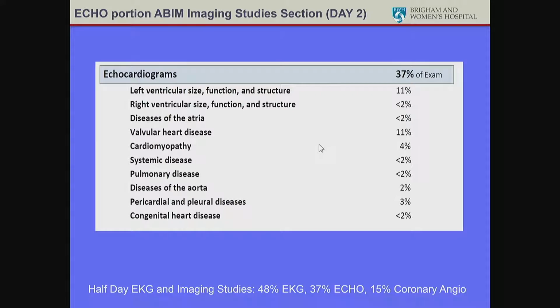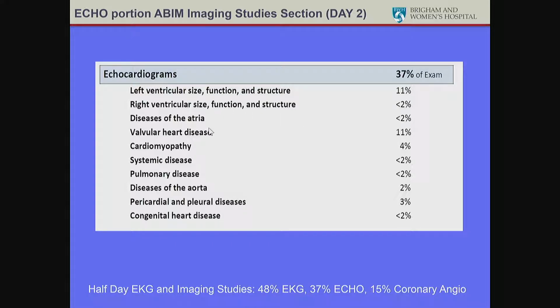This slide here again summarizes the echo portion of the ABIM imaging studies section, which overall encompasses 37% of day 2 of the exam. And you can see the major emphasis is going to be on left ventricular size, function, and structure, as well as valvular heart disease.